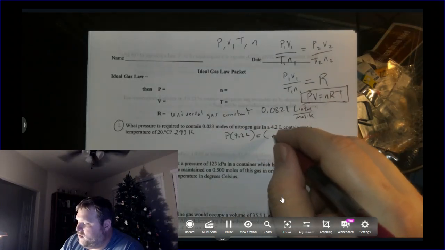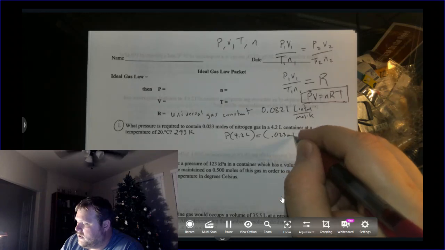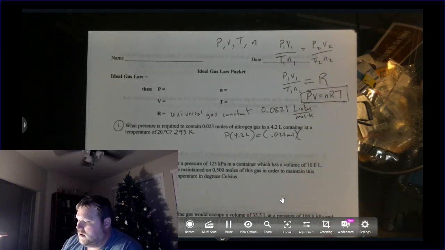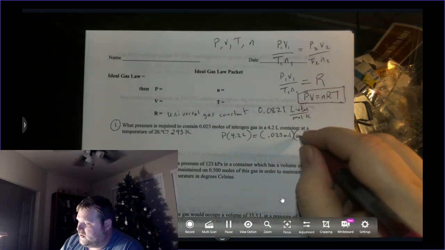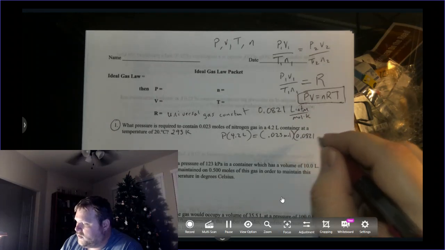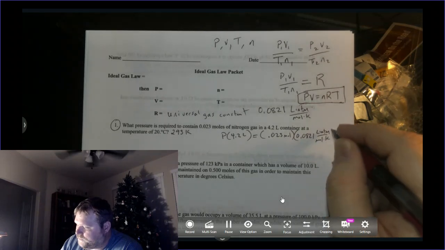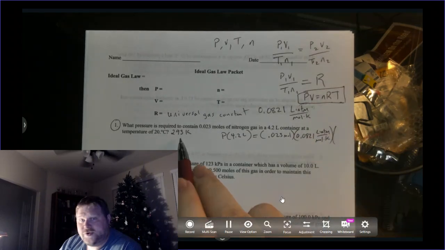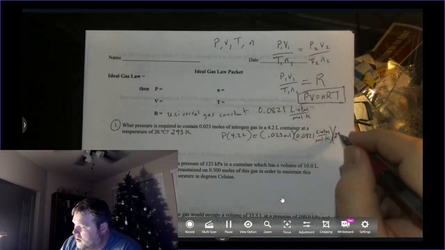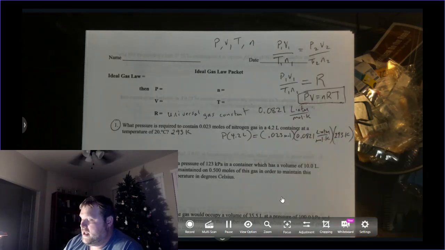We're given n to be 0.023 moles. I'm going to use the 0.0821 liter atmospheres over moles Kelvin, and the temperature that we just calculated, 293 Kelvin.